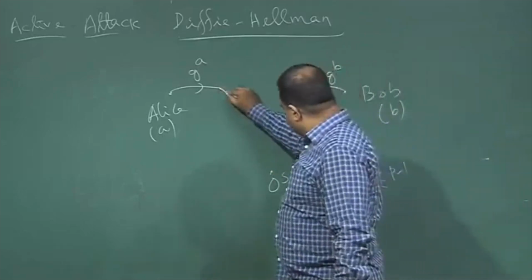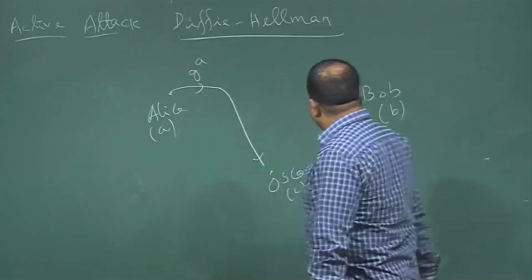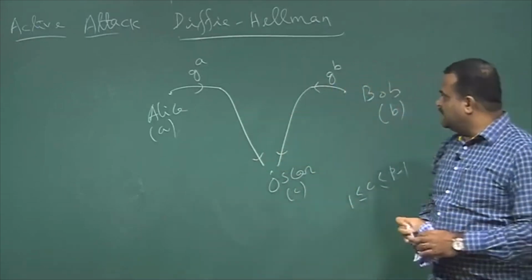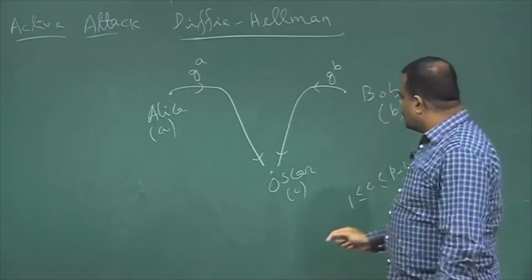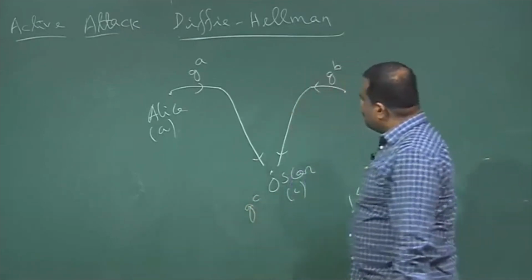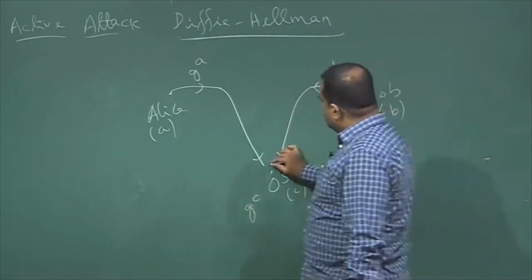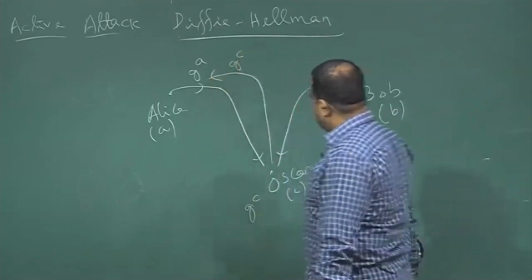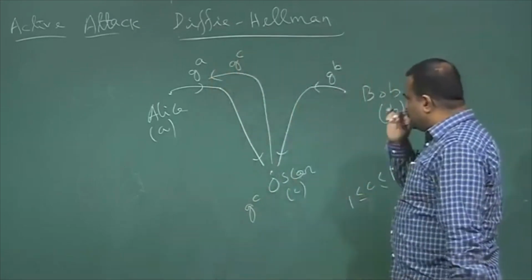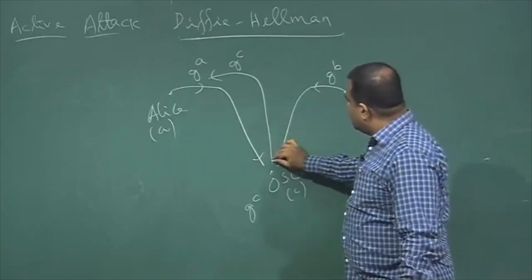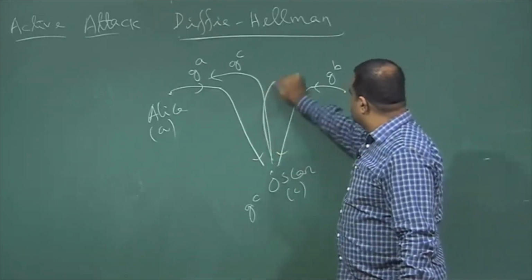Oscar will take this value and this value. Oscar will compute G to the power C and send G to the power C over the public channel, to Alice and to Bob also.